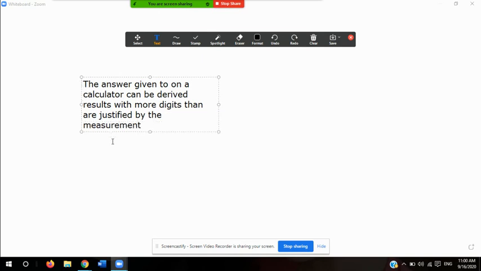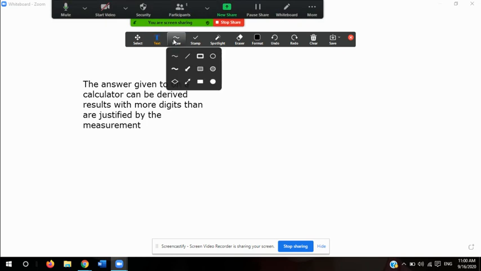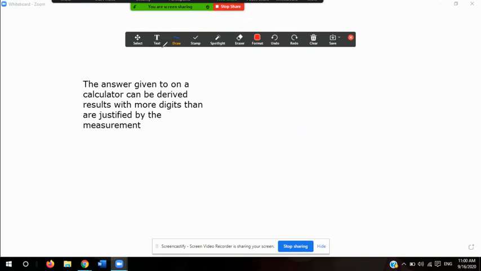What this statement means is that when you work with a calculator and you divide two measurements, and we're going to see that in a minute, you get an answer that is much more specific than what you asked for.